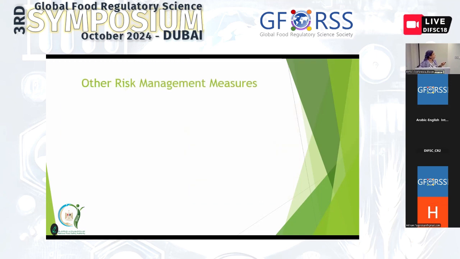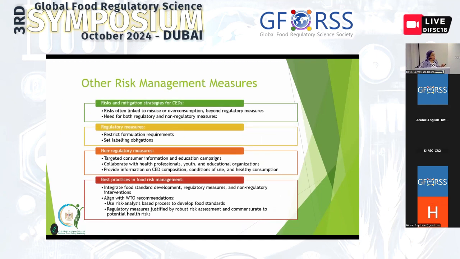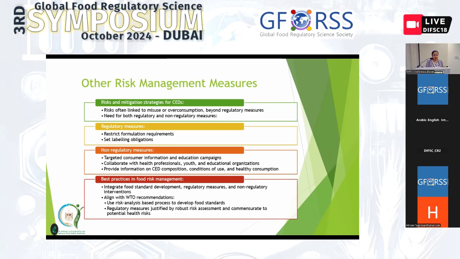Other risk management measures: the risk and mitigation strategies for caffeinated energy drinks include both regulatory measures and non-regulatory measures. For the regulatory measures, as we just presented, we restrict the formulation requirements and set labeling obligations.